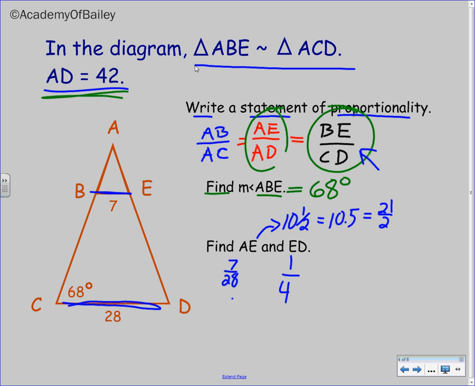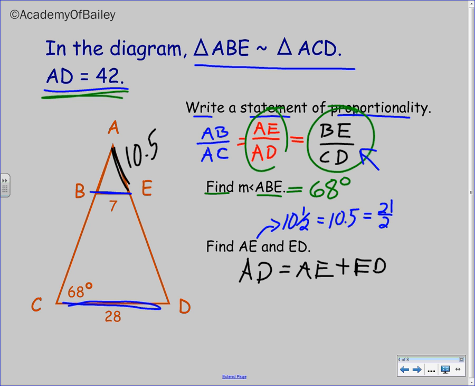And I'm completely not even looking at the picture. Can you believe that? Well, if we know AE right here is 10.5, we know the whole thing is 42. The whole thing would be AD, and we use the segment addition postulate because AE plus ED will give us AD.